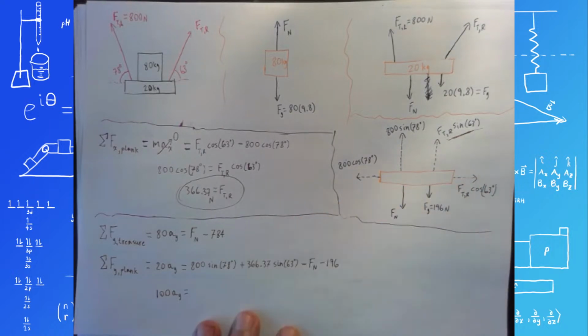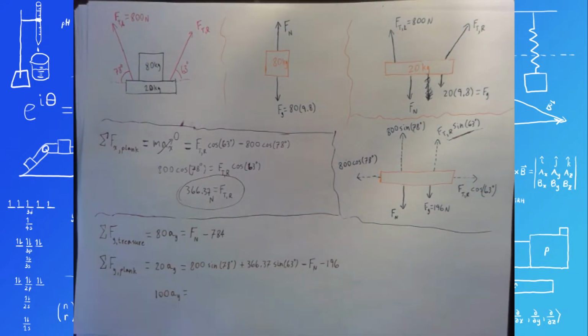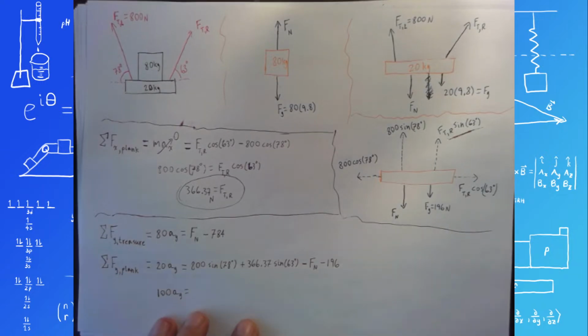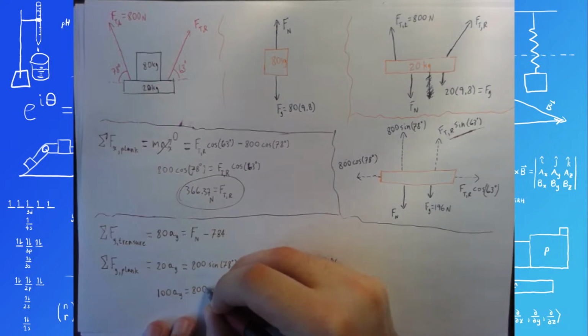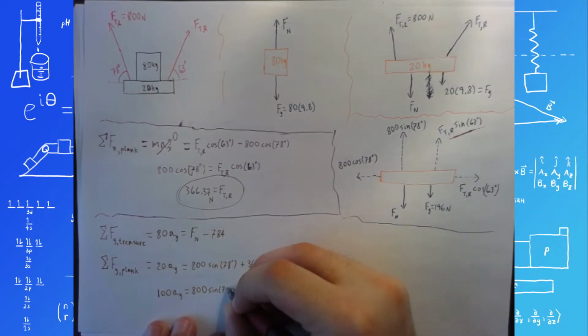And then 800 sine of 78. I guess I'll go ahead and put that into my calculator. Actually, you know what? I'll copy it as is, and then I'll put it all in the calculator at the very end. 800 sine of 78.